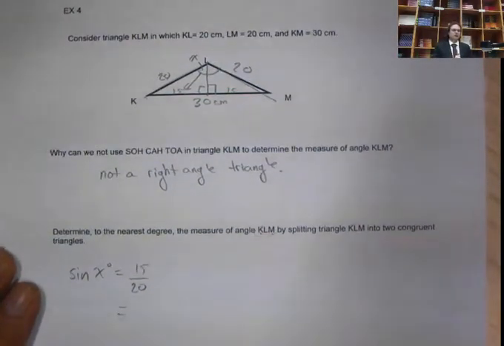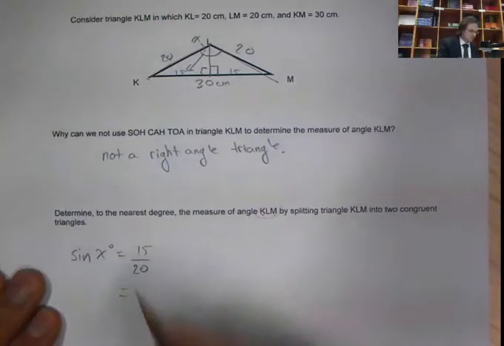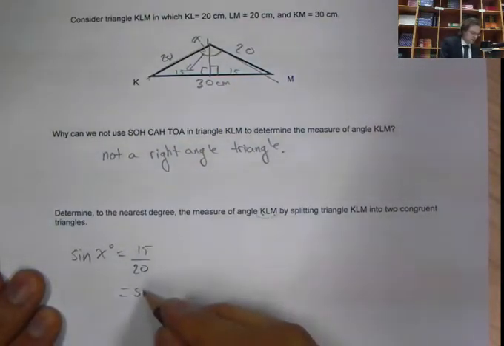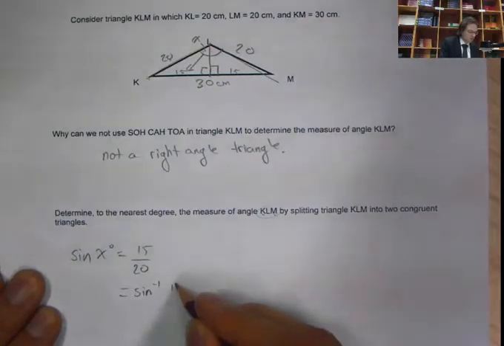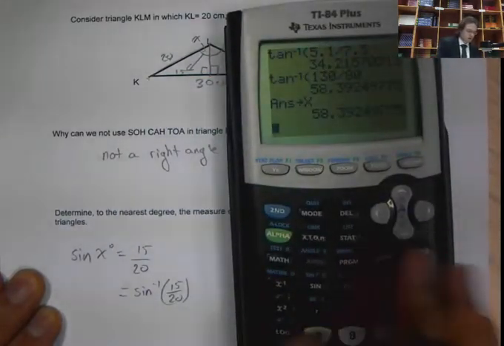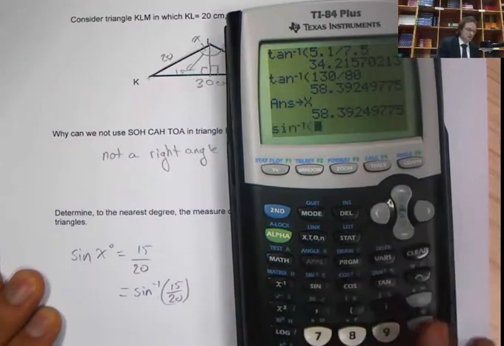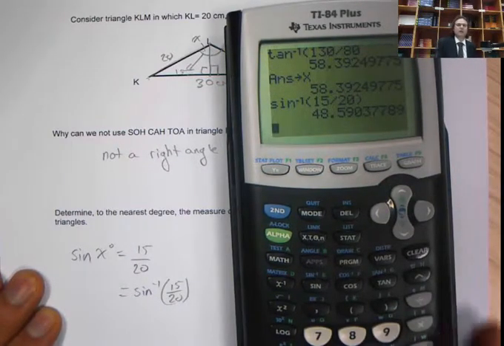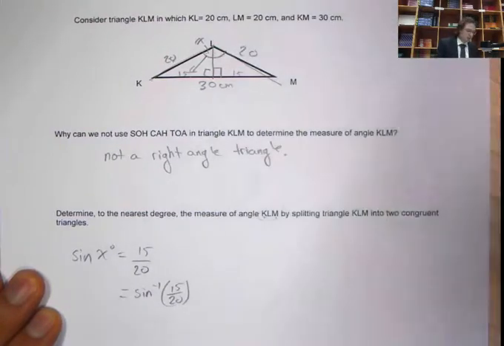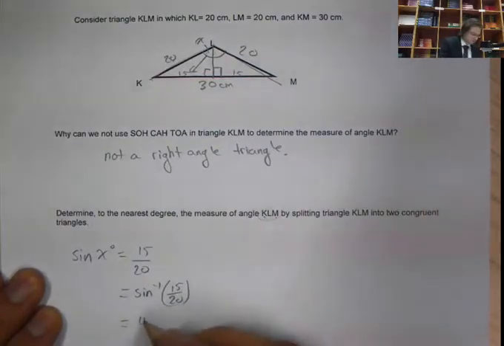Now what is that going to give me? Sine inverse, 15 over 20. Put that on my calculator, I go second sine 15 divided by 20, and I end up getting 48.6 degrees.